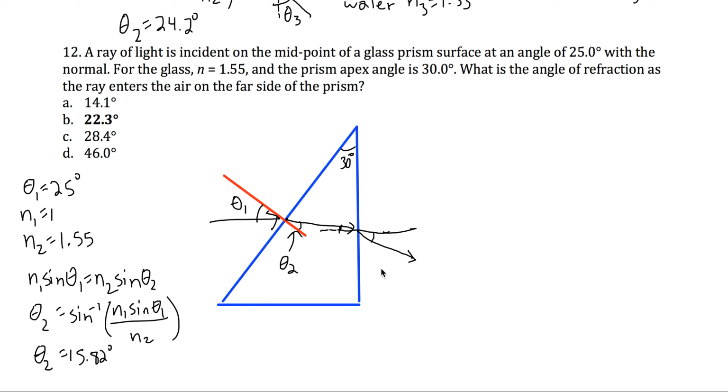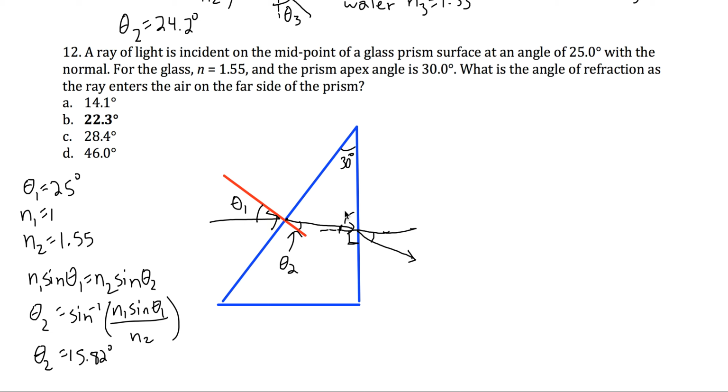So the way that I labeled my angles is, well, I need to find this little angle here. Since I know that these two, this one and this one, equal 90 because this is my normal, this is 90, then I need to find this angle first.